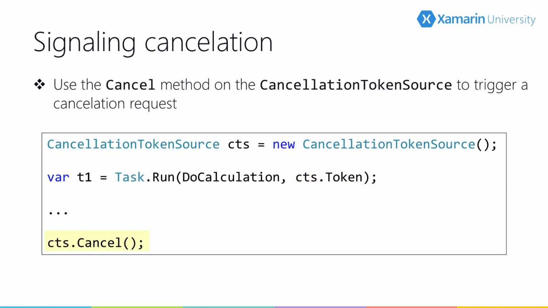And then if our user requests cancellation, and remember the users can do this because we keep the UI responsive, maybe we have a button click handler, then in this click handler we call our cancellation token source's Cancel method. And since our tasks are observing the token, they should exit as soon as possible.